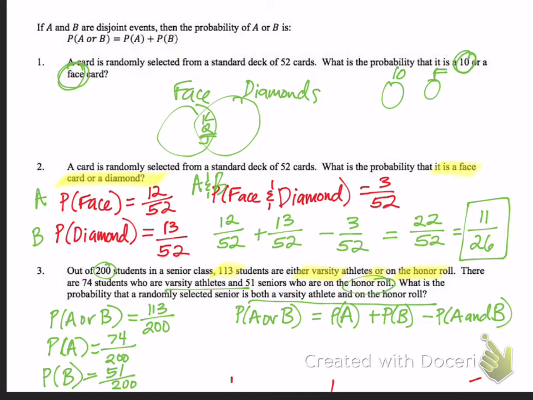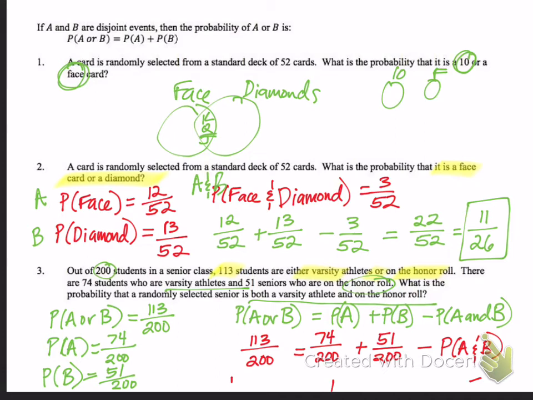So I know A or B is 113 out of 200. A is 74 out of 200. B is 51 out of 200. And I don't know A and B. You could call it X, or you could just leave it as A and B. Doesn't matter.